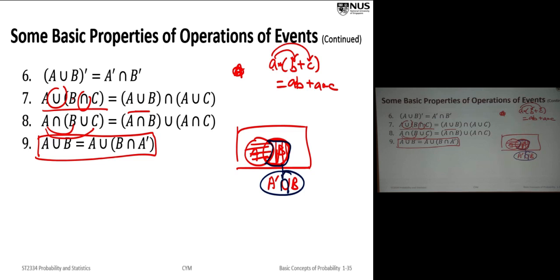The same thing here. How about if I look at A? What is this part? A intersect B. And what is this part?